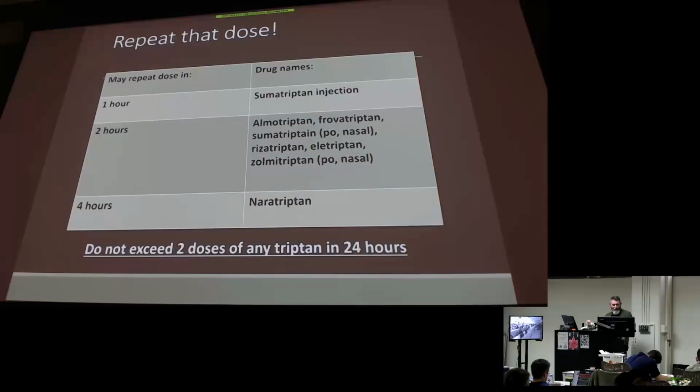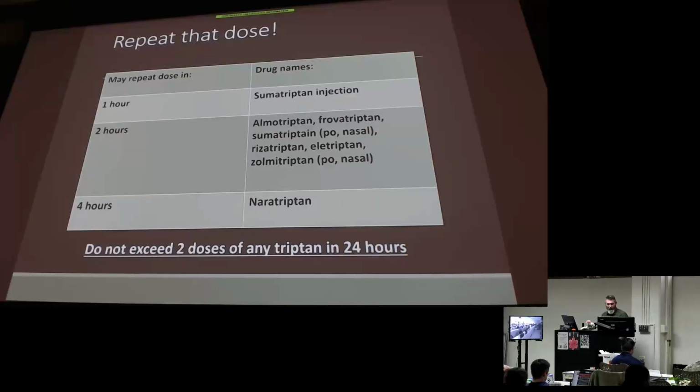And then the difference that I need you to know is that no matter which medication you use, whether it can be repeated in an hour or two or four, it's still a maximum of how many doses of each medication? Two. Two doses max. So whether it was at one hour or two hours or four hours, they're done for the day, right? That's the most you can do in a 24-hour period. Everybody tracking what I said there?